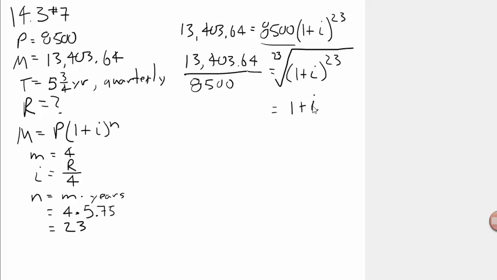Neat. But if I take the 23rd root of this side, I have to do the same over here, on this big ugly number. How do I do that?